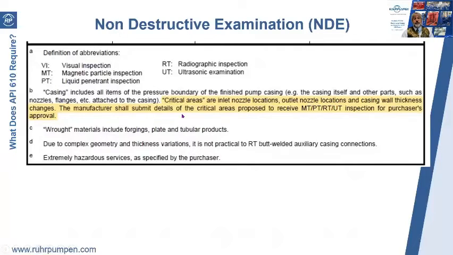And the manufacturer shall submit details of the critical areas to receive inspection for the purchaser's approval. Now, depending on who you talk to and the complexity of the casting, this could be interpreted as 100% of the casting.